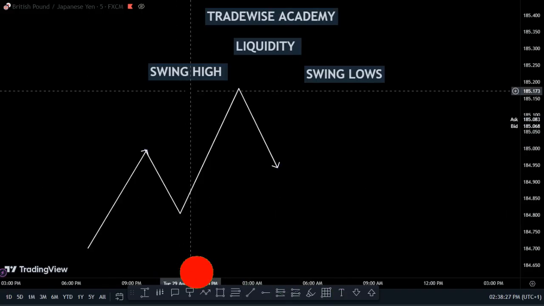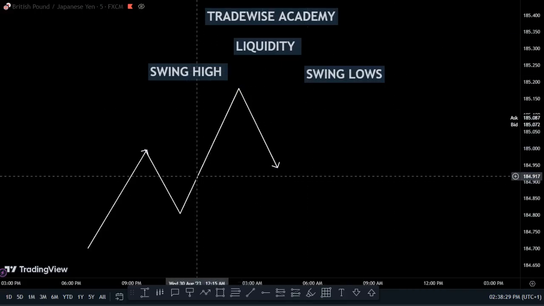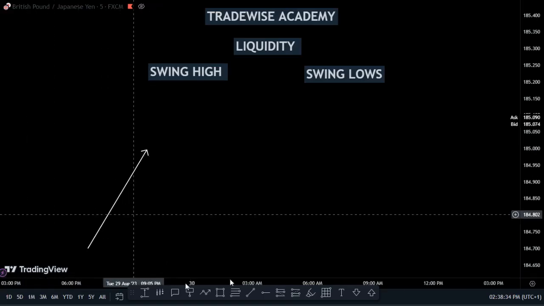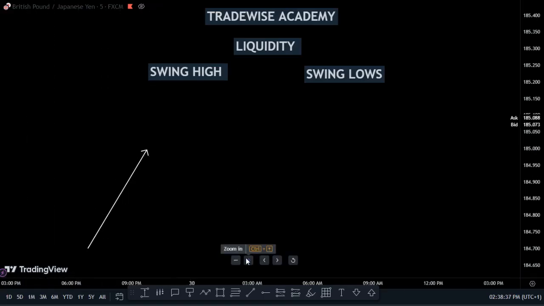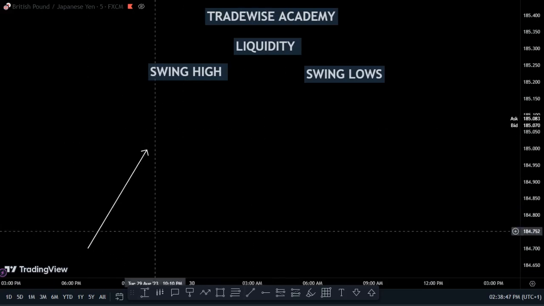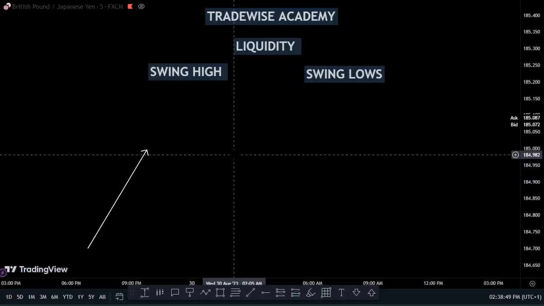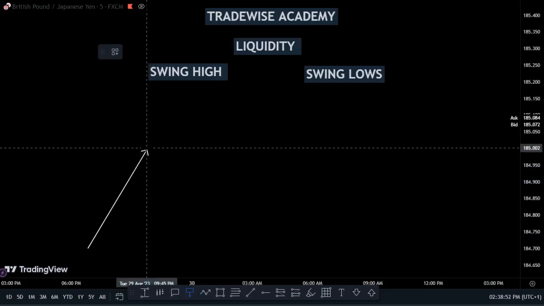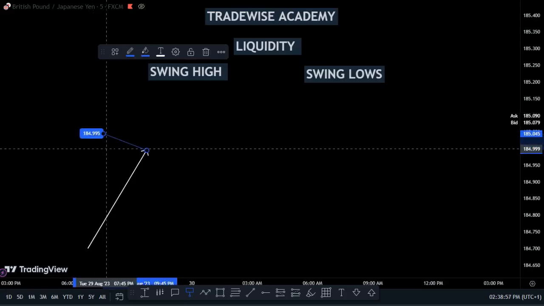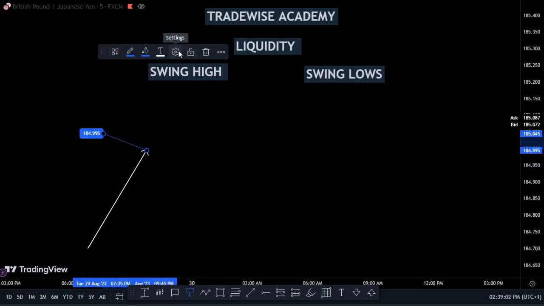So what happens in the real market is that when there is a push up, the smart money, which is the big banks, the Feds, the world banks, the hedge funds, want to enter this buy, but they are not ready to enter at a high price. If we drop a price tag here, this is 184.994.